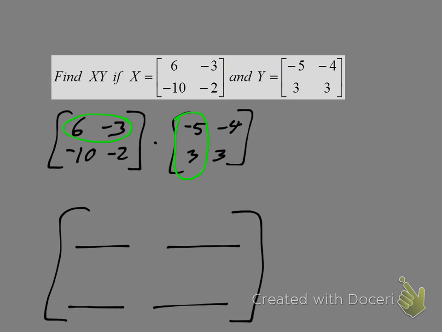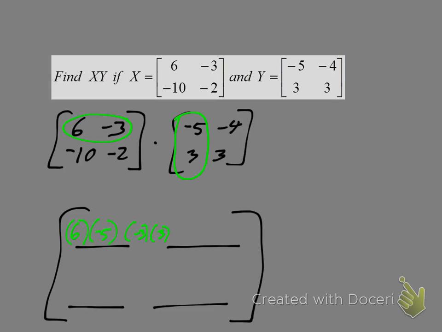Just maybe watch me do this one. Might be helpful, okay? The first number in the first row is what? 6. First number in the first column is what? Negative 5. Those get multiplied. The second number in the first row is what? Negative 3. The second number in the first column is what? 3. Those get multiplied.